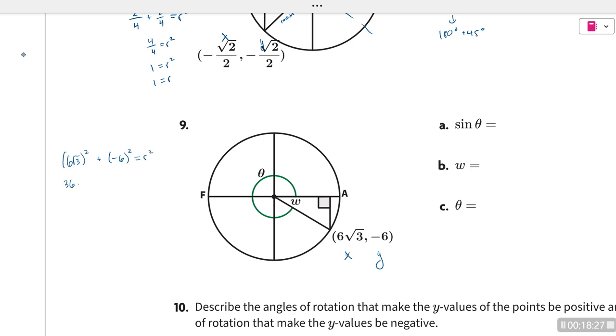So this gives us 36 times 3 plus 36 equals r squared. Right, 36 times 3 is 108. 108 plus 36 gives us 144, right? Yeah, 144.